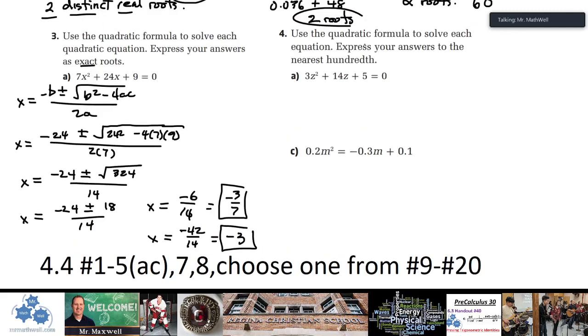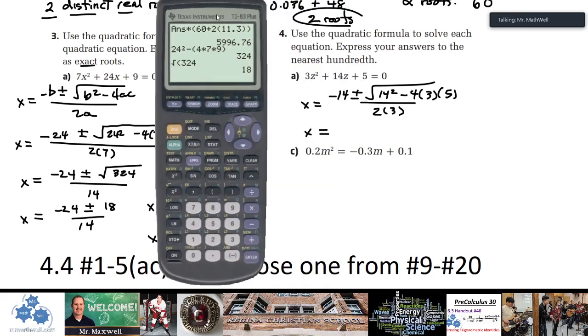Finally, number 4, let's use the quadratic formula again. x equals negative b plus or minus the square root of b squared minus 4 times a times c, over 2 times a. There are going to be 2 answers here, and you're going to put that in your calculator.